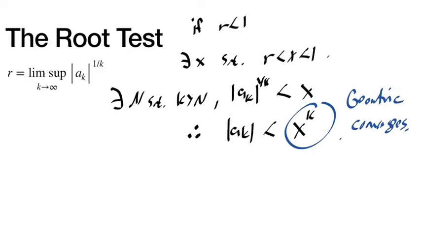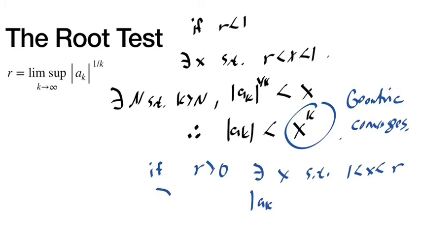All right. Well, it turns out that if r is bigger than 1, then we follow the exact same process, because there must exist an x such that 1 is less than x is less than r, and then we've got the exact same inequality showing up.